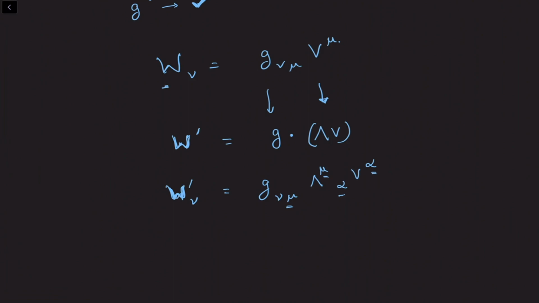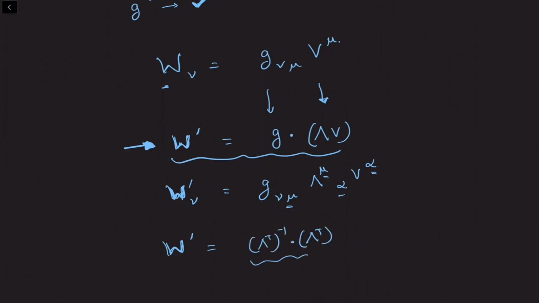But that's easy to do. Again, if we look at this equation in matrix form, we can write this as W prime is equal to, let's stick in factors of lambda transpose and lambda transpose inverse. So this is the identity matrix dot G dot lambda dot V. And now, since matrix multiplication is associative, we can perform this matrix multiplication first.